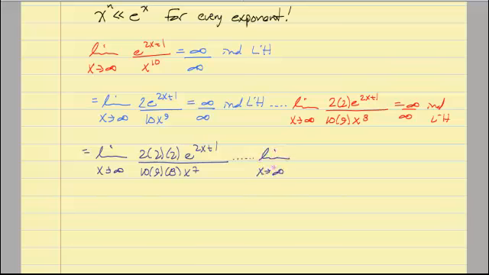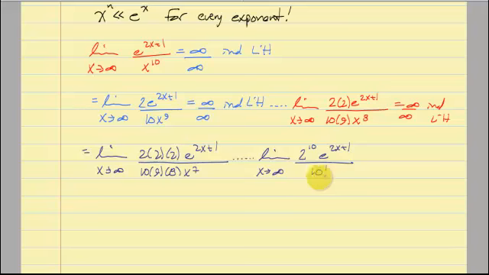It's going to look like the limit as x approaches infinity of 2 to the 10th, e to the 2x plus 1, all over 10 factorial. And 10 factorial is 10 times 9 times 8 times 7 and so on down to 2 times 1. Because of this theorem up here that says an exponential function grows faster than a polynomial, I know this exponential function is growing very, very rapidly.